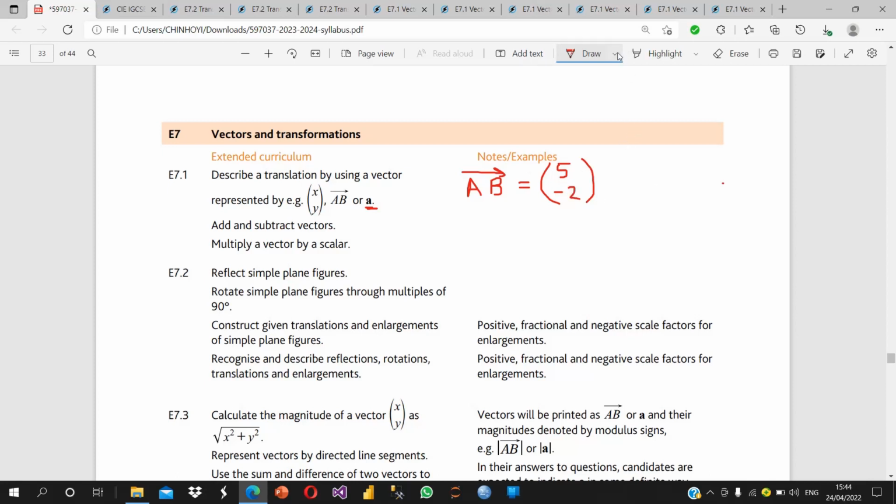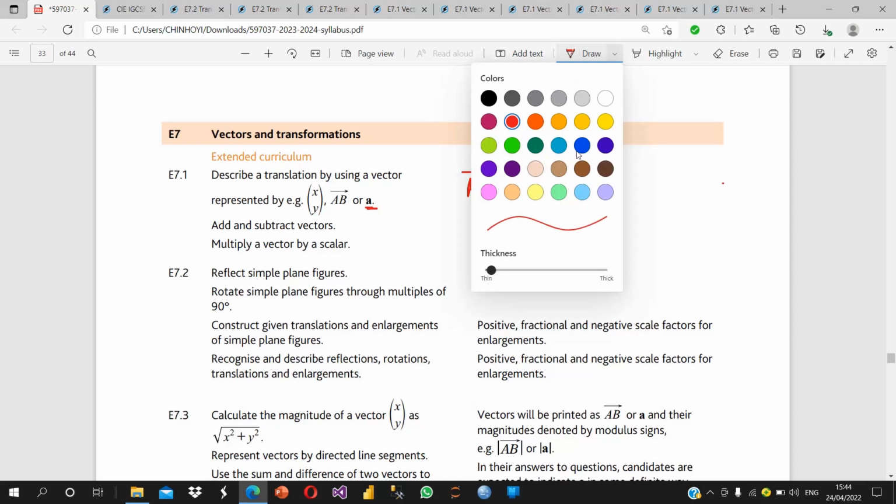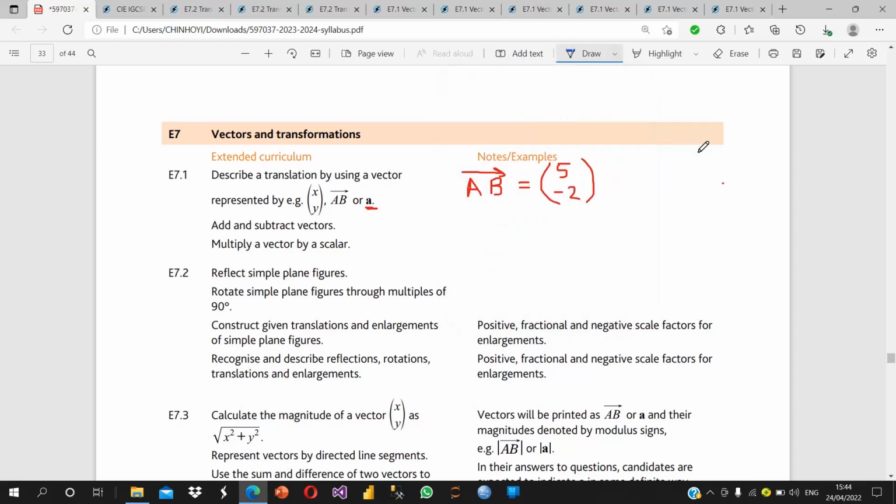For instance, let's say this is my point A. Like we want to present this vector in a diagram. So I'm going to say from A to B. This one, my x is positive. If my x is positive, which means I'm going to move to the right of the x-axis. But if it was negative, I was supposed to move to the left. That is the negative x-axis.